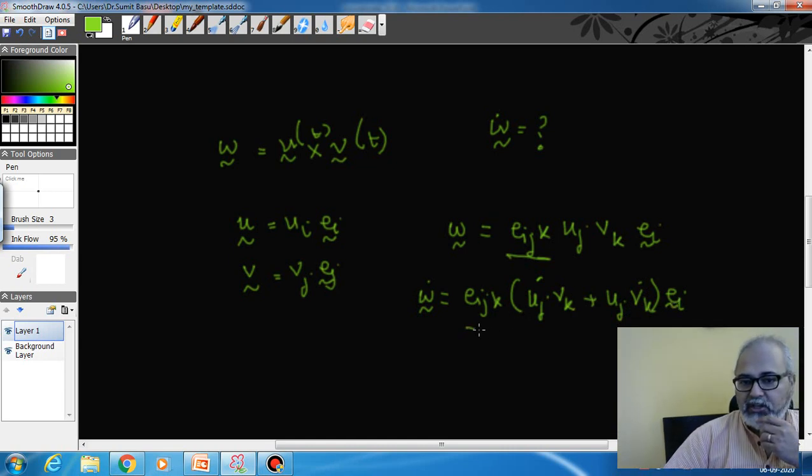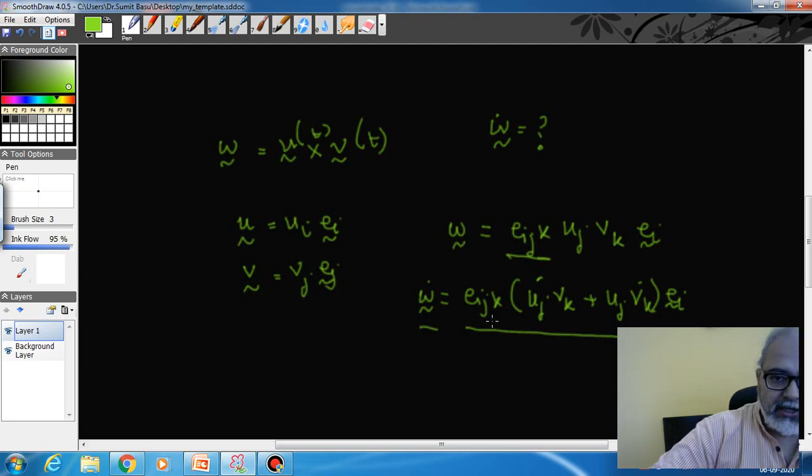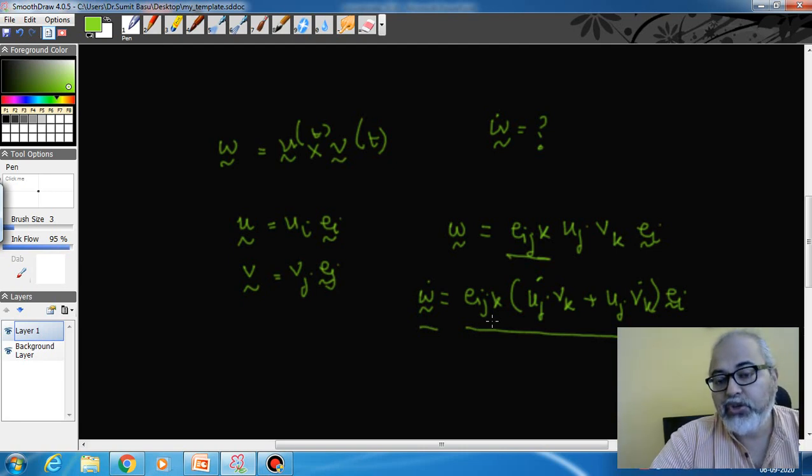So these would be the components of omega dot. This is how you handle derivatives where the quantities involved are simply functions of time, not functions of space. Okay, let's stop here.